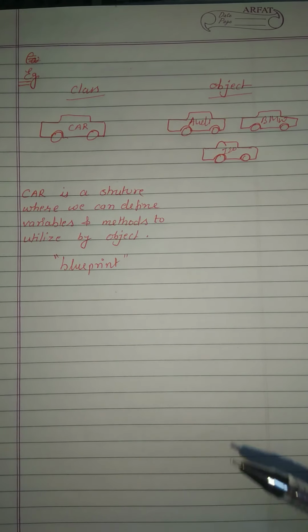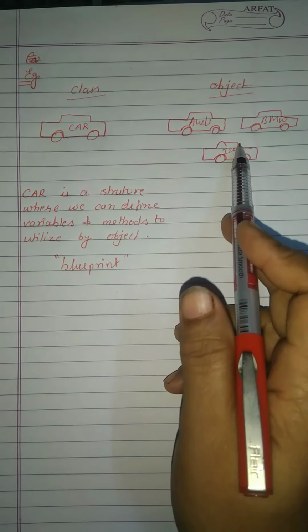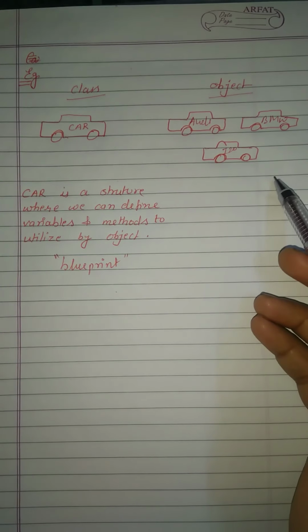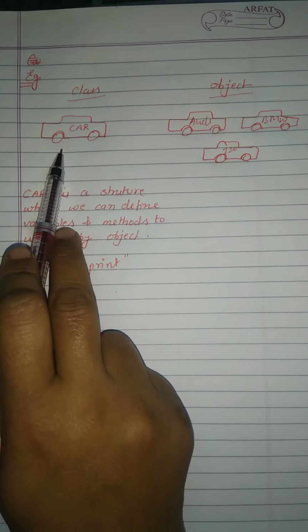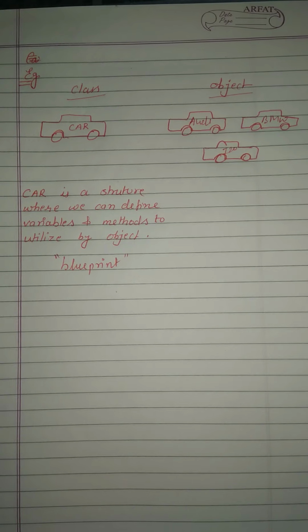Actually, all cars consist of an engine and body parts. So these objects come from the main blueprint car. All cars have body parts, engine, get fuel, but they come from the class, that is, the structure or blueprint of the class.